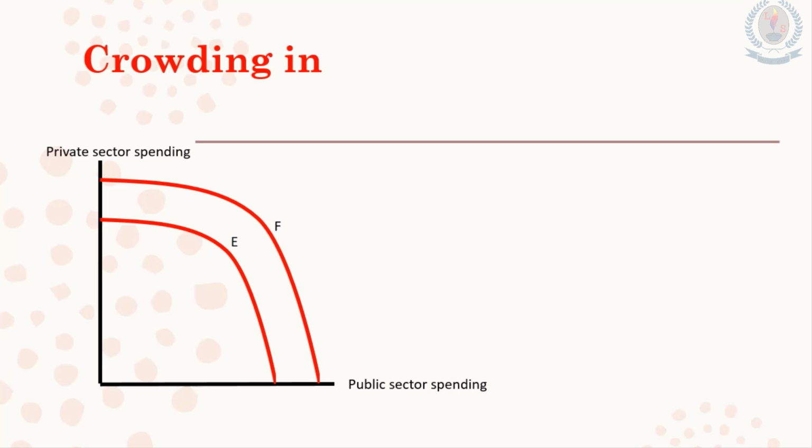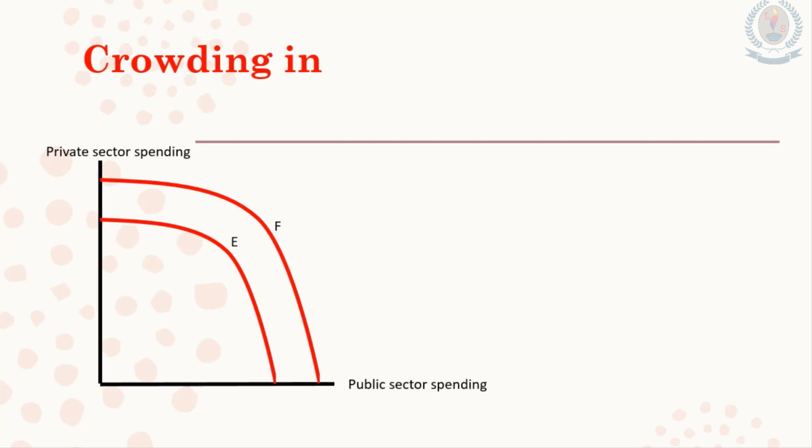assume the economy is at full employment on its production possibility frontier at point E. Public sector investment increases the productive potential of the economy, shifting the PPC to the right, moving the production to point F. Increased public sector spending has crowded in both private sector and public sector spending.